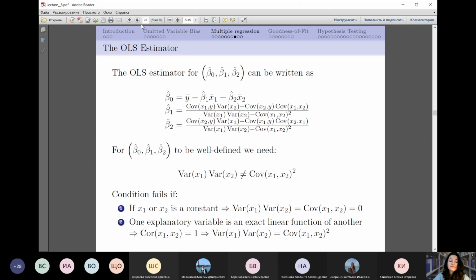And generally speaking, the formulas of beta 0 and beta 1 look almost the same as in the simple regression case.